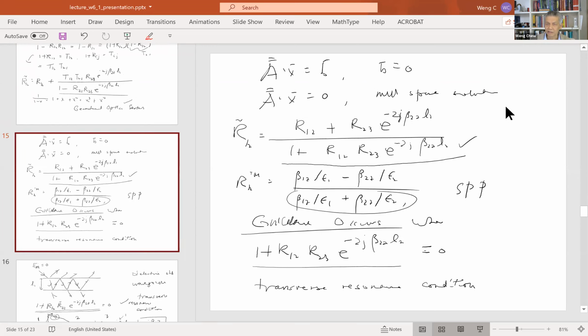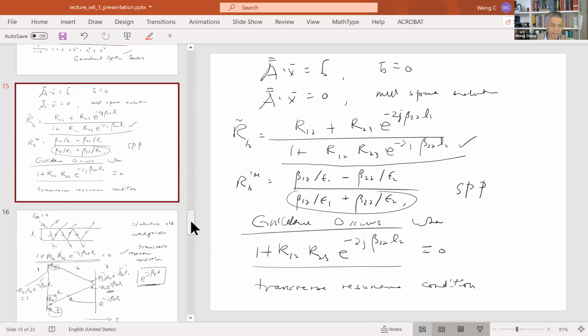Or having a homogeneous solution to an ODE or a PDE with no driving term, okay? And we did this for the surface plasmon polariton, and then for any general layered medium, this is the guidance condition for a wave in the layered medium, and this is called the transverse resonance condition.